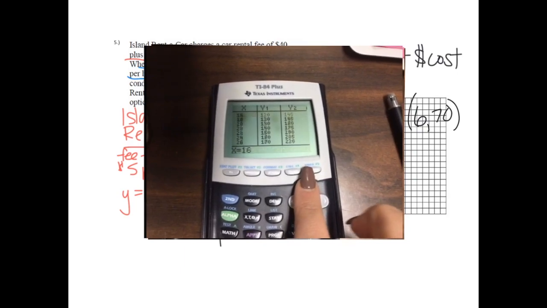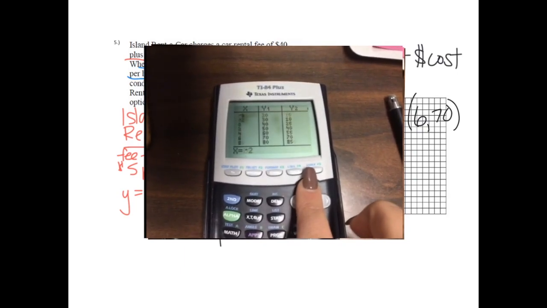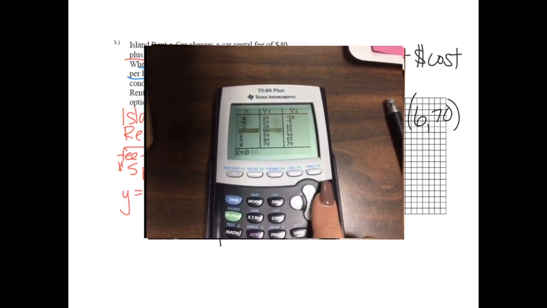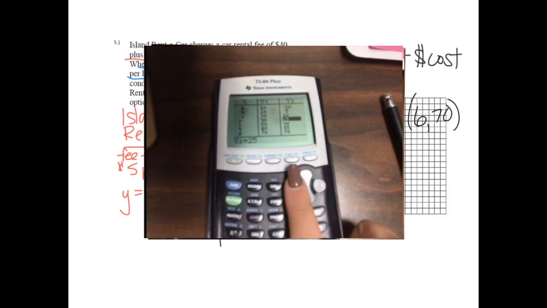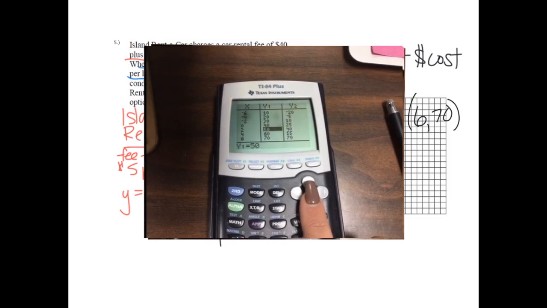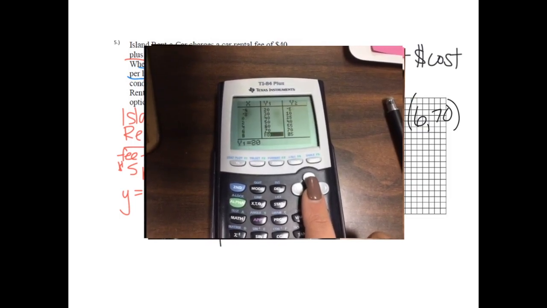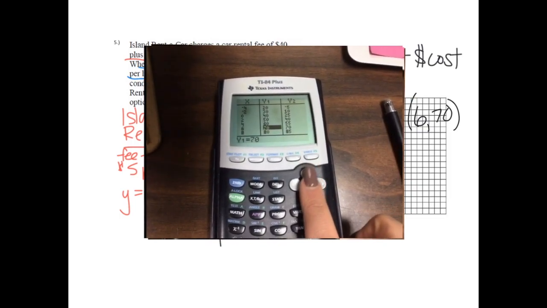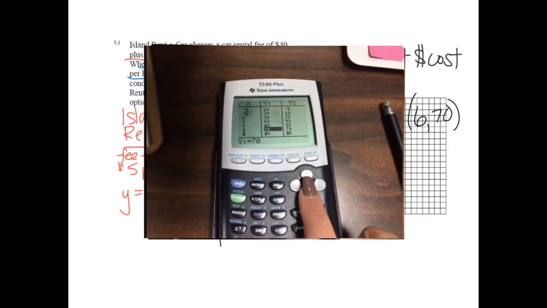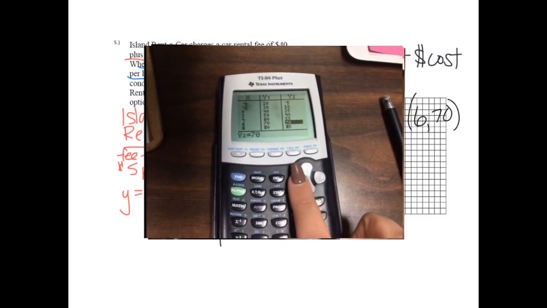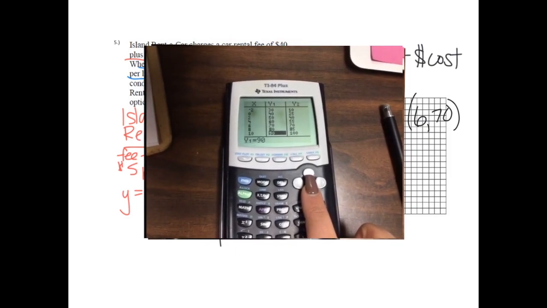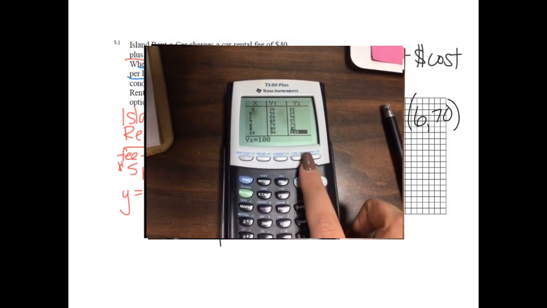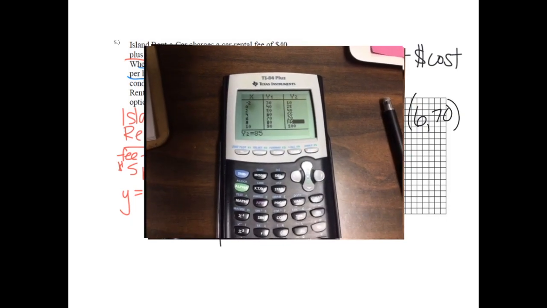It looks as if for 0, Island Rent-A-Car is more expensive than Wayne's Wheels. So it appears that Island Rent-A-Car is more expensive until they hit 6 hours. And once you hit that 6-hour mark, then that's when Wayne's Wheels becomes more expensive. Okay, so keep that in mind.